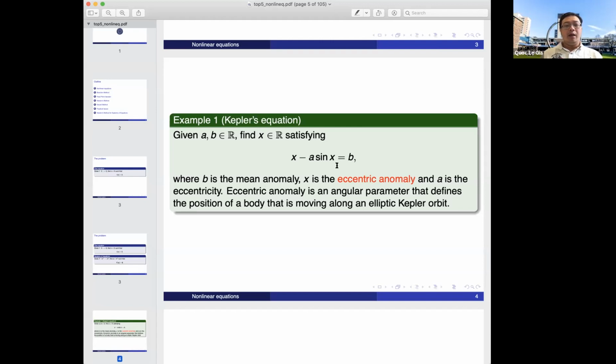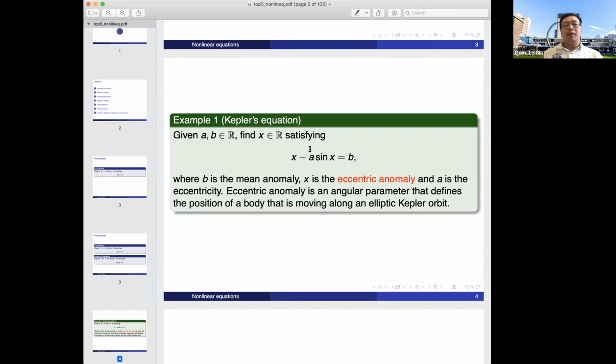And it has some parameters A and B. B is like the mean anomaly, and then he needs to find X, and X is the eccentric anomaly. And then he found out that he had to solve this equation.